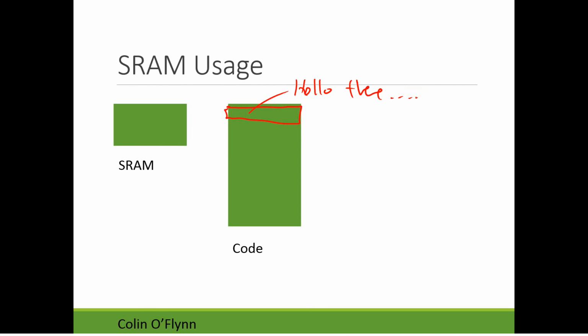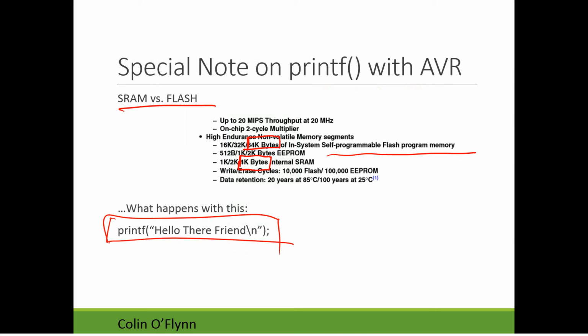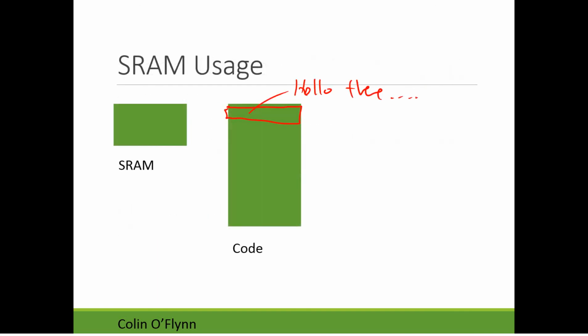We have tons of code memory, we don't care. On startup, because technically this is classified as a variable because of how the C code standard works, the compiler is actually going to go ahead and copy that right into your SRAM buffer when the device turns on. And it's just going to stay there, and it just wastes your SRAM.